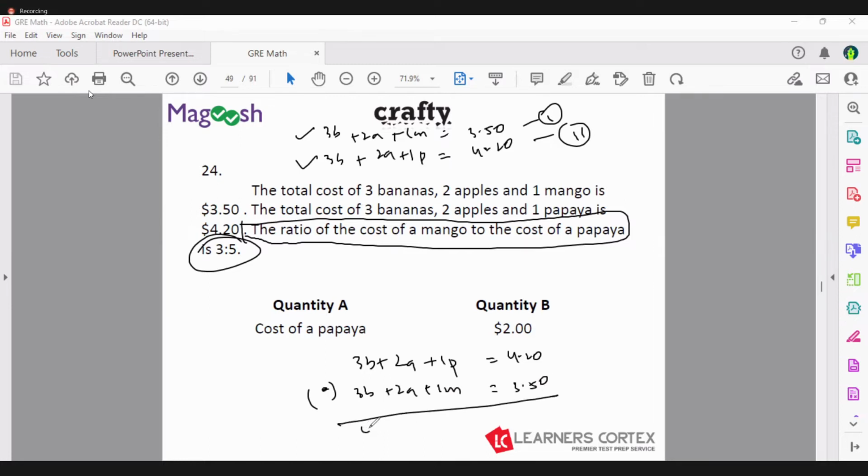And subtracting them, the signs would change. These two would get cancelled. This would come as the cost of 1 papaya minus the cost of 1 mango, which would come as 70 cents. Now P minus M is equal to 70 cents, which can be written as 70 over 100 if you want to write it. If you don't, 0.70 also works.